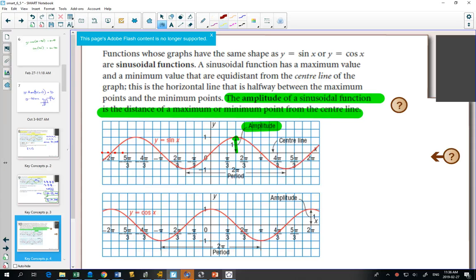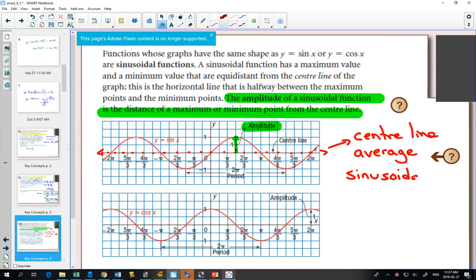We often, when we graph, will be putting a dotted line, not an asymptote, but a dotted line for your center line. And sometimes your center line is called an average. Sometimes it's called a center line. And sometimes, this is my favorite one, sometimes it's called the sinusoidal axis.